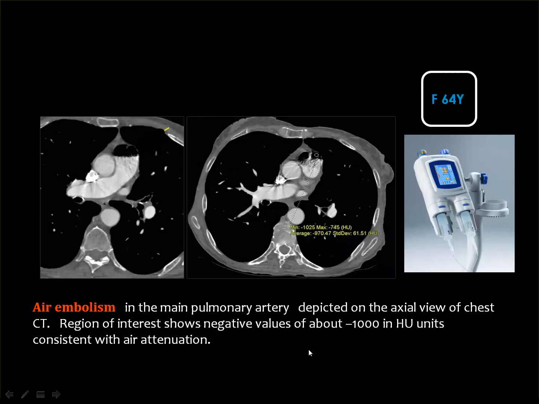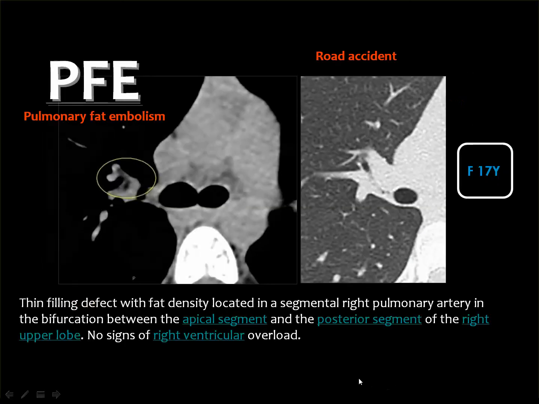Of course, with the frequent use of automatic injectors in the CT rooms, accidental injection of air may occur if you do not ensure that you have evacuated the air from the syringe before injection. This results in this appearance, where you get air emboli in the main pulmonary artery, and sometimes in the veins in the mediastinum.